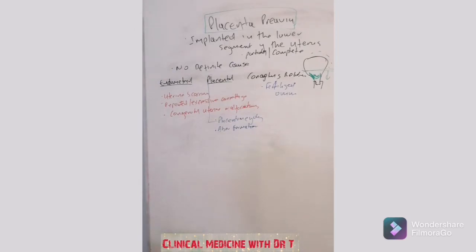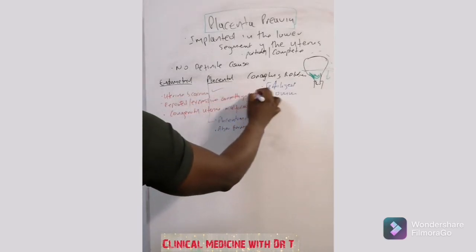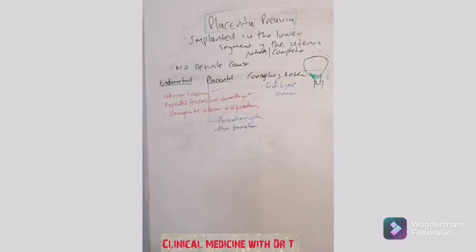But these are the most common ones. So it's important when you are doing dilatation and curettage that you don't excessively use force and scrape a lot of that myometrium away.